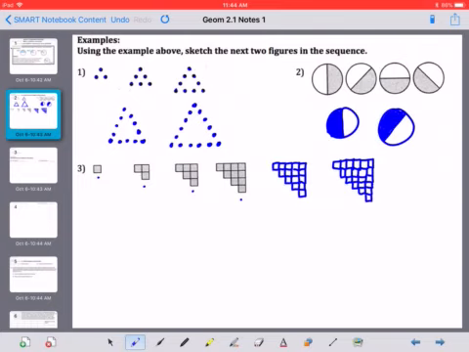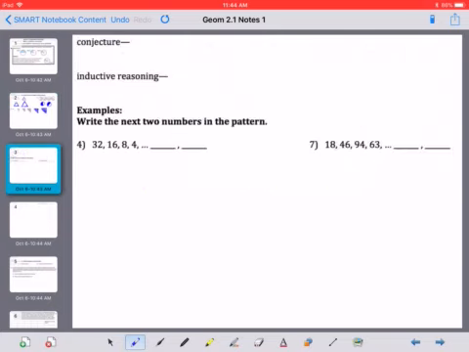All right, so now let's actually talk about what inductive reasoning is. First of all, we need to know what a conjecture is, and a conjecture is just a conclusion based on observations. So maybe when you were little, you noticed that every time it rained, it was cloudy out. You saw that again and again, so you might have made a conjecture that rain comes from clouds.